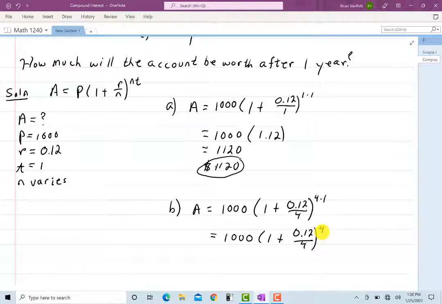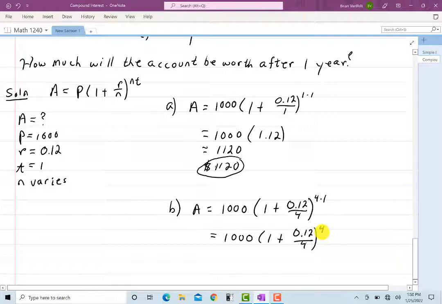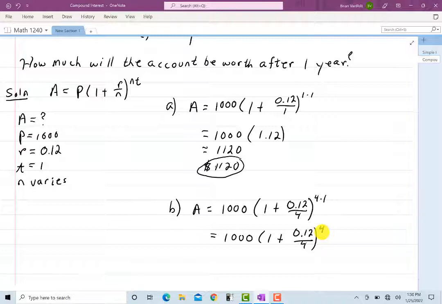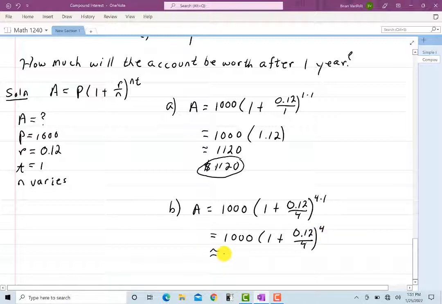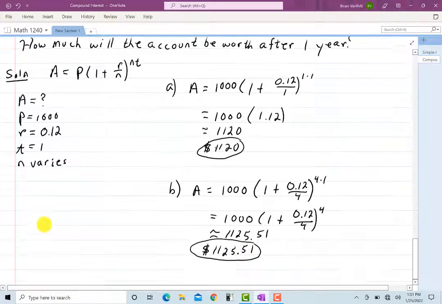All of them have large exponents usually, and it's impossible to expect you to do them by hand. So typically I won't do any simplifying. I'll just let my calculator do all the work. Here I get 1,125.51. So we have $1,125.51. You can see that it's a little bit more than part A. So the more times you compound, the more money you get.